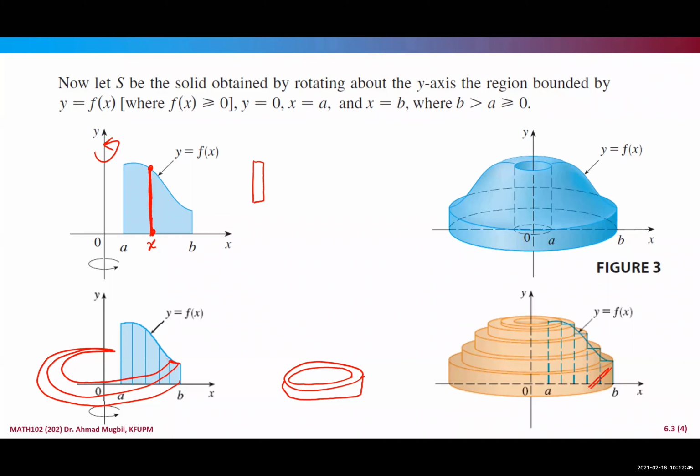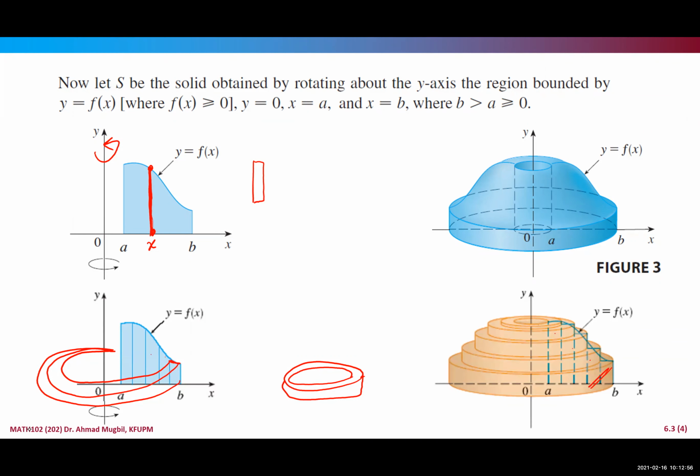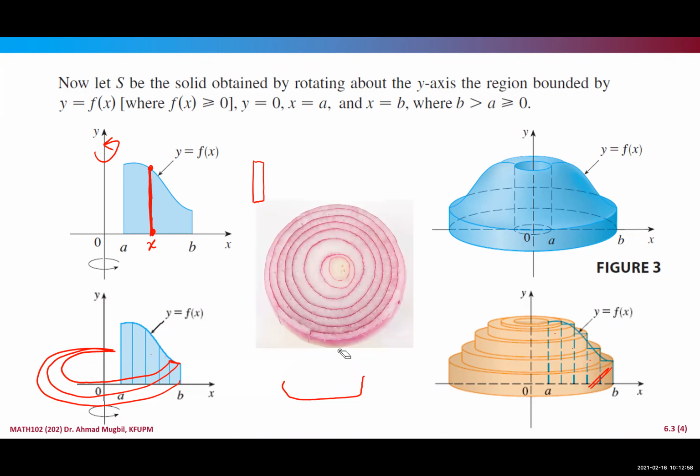Another one, if you rotate this rectangle and this rectangle in the same way, you will have this one, then this one, this one, this one. You will have something like an onion. It is a good example. You will have something like this.